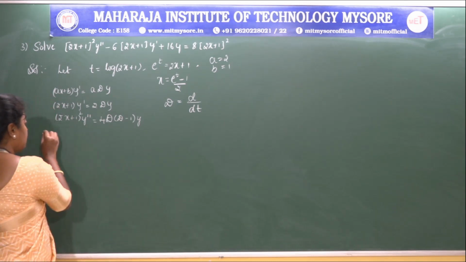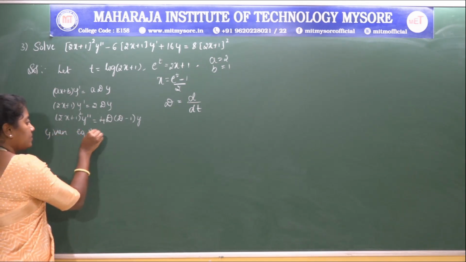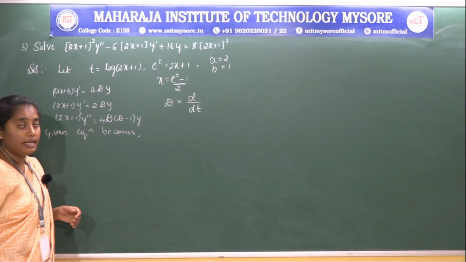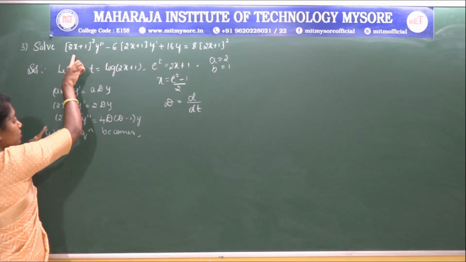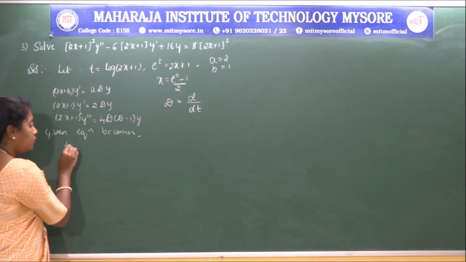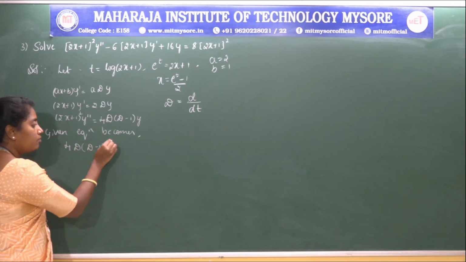So then the given equation becomes, on substituting these values in the given equation: the first term (2x + 1)^2 y'' is equal to 4 D(D - 1) y.